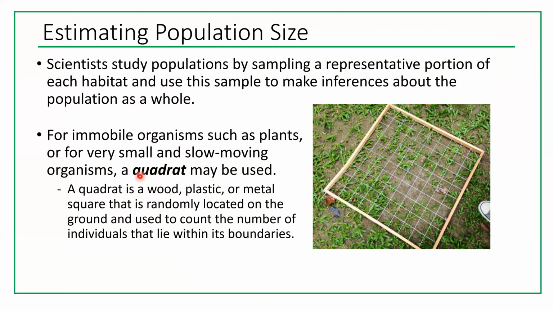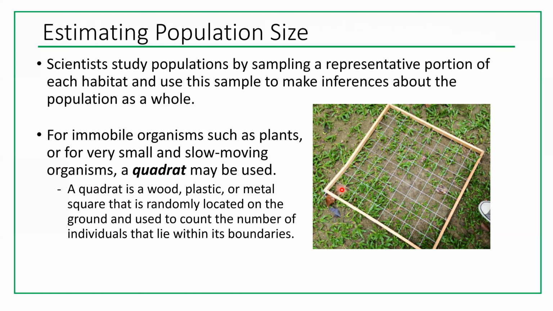So we can use a quadrat method. That's the name. The quadrat method is used for immobile organisms, organisms that do not move much, such as plants or very slow moving ones. And how it works, there is a square, right? A quadrat is a wood, plastic, or metal square that is randomly located on the ground and used to count the number of individuals that lie within its boundaries.